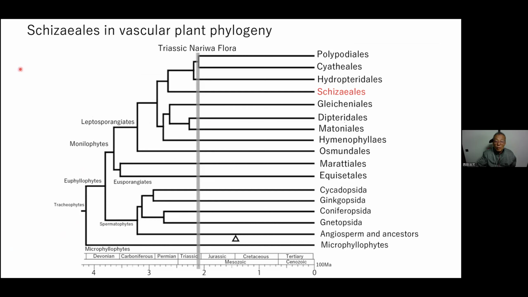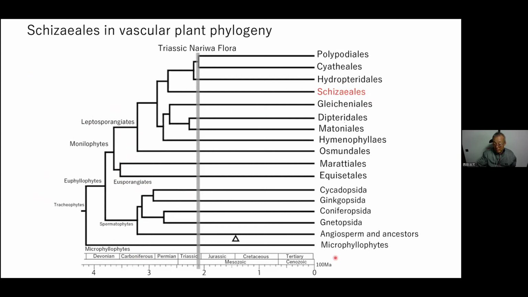These are based on the molecular phylogeny, basically, and this is a time tree. So in the evolution of ferns, particularly the leptosporangiate ferns, in which Schizaeales are included, the leptosporangiates probably started from the Carboniferous, and the eusporangiates a little bit earlier.